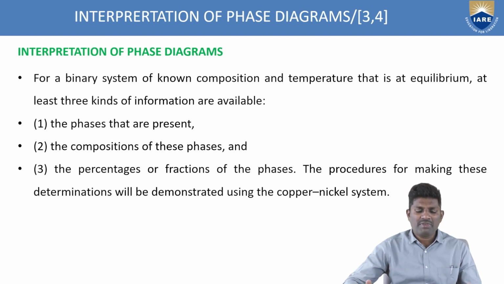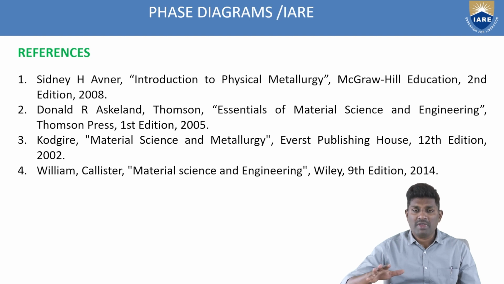From these phase diagrams you can interpret how many types of phases are present, and if you have a single phase, how to find out the composition as well as the temperature. And if you have two phases in a single system, how to find out these compositions as well as the temperatures also we can infer. So these are all the information we can get from the phase diagram.